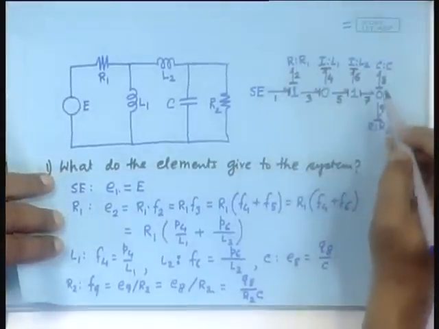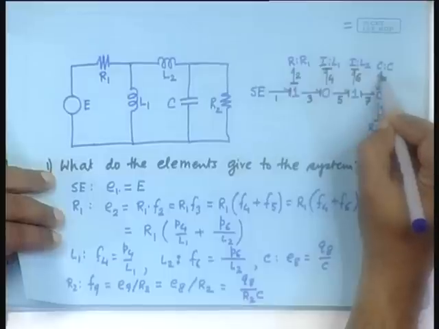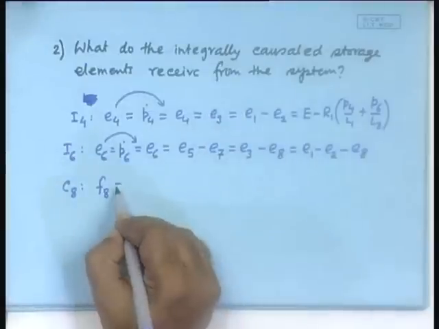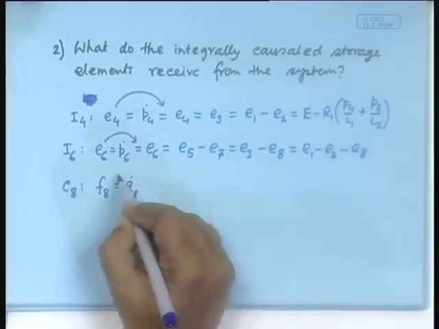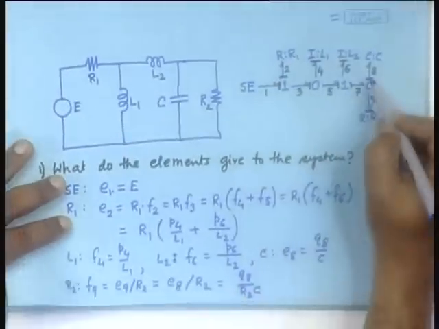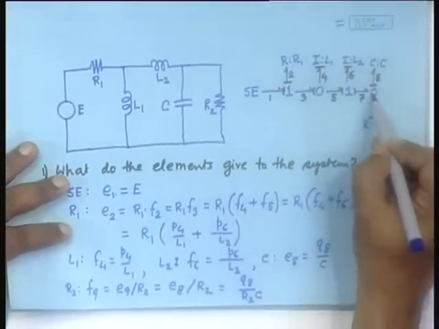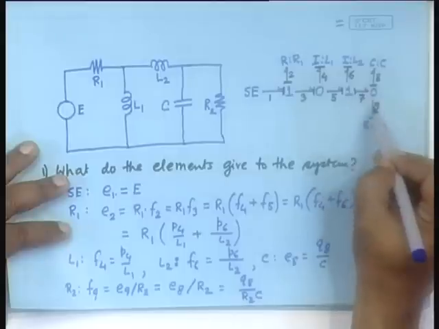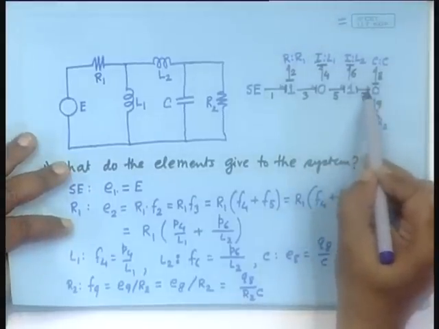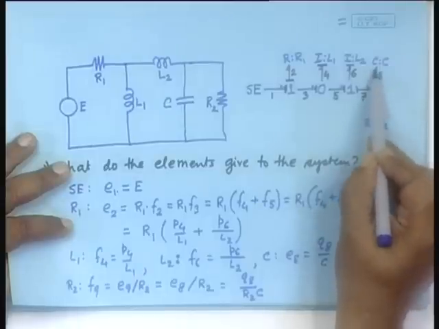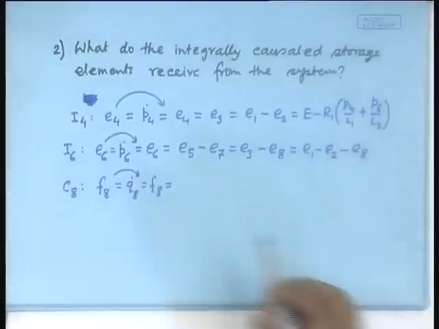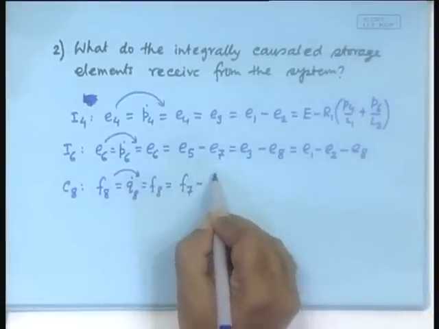F8 is what it receives from the system, and that is equal to Q8 dot. Then bring it to the side, Q8 dot is equal to F8, and then find out where the F8 comes from. F8, this is a 0 junction, and therefore it has to be related to F7 and F9. Yeah, F7 minus F9 is equal to F8 because of the power directions. Fine. F7 minus F9.